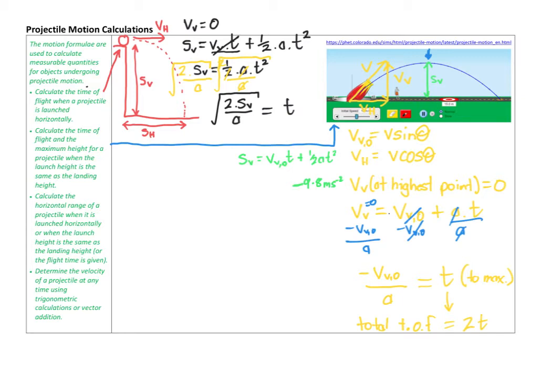So if we say the velocity is positive, that's going to be negative. So basically we can use that formula and calculate the vertical displacement by looking at the vertical velocity and the time to reach that maximum height. So that's ticked off. Calculate the time of flight and maximum height for a projectile where the launch height is the same as the landing height.